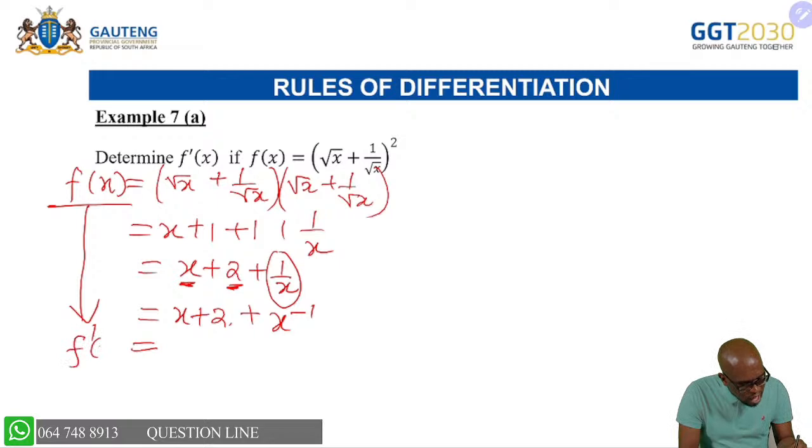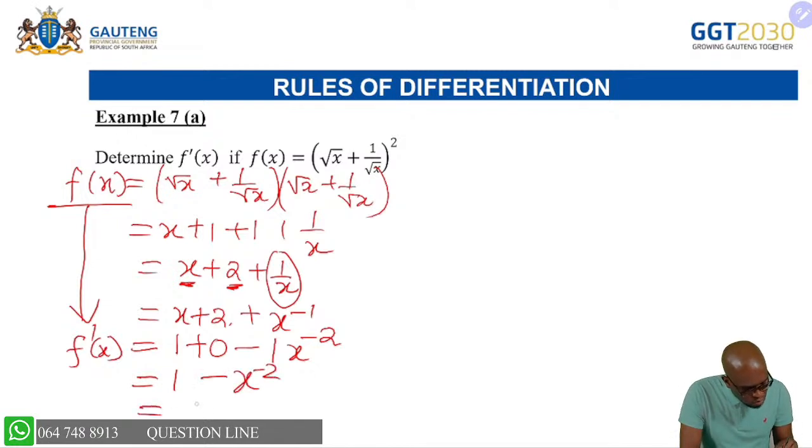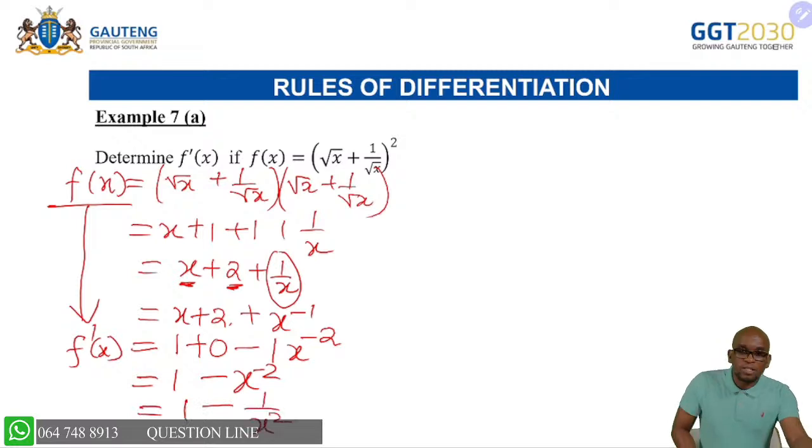I write f prime of x to show that I'm differentiating. So this would be 1 plus 0 minus 1 x to the minus 2. So this would be 1 minus x to the minus 2. This would be 1 minus 1 over x squared, if I want to write everything as positive exponents.